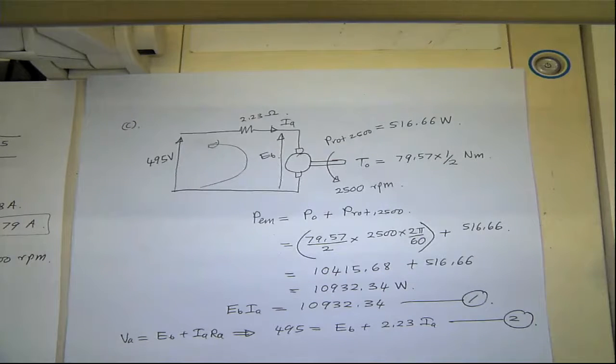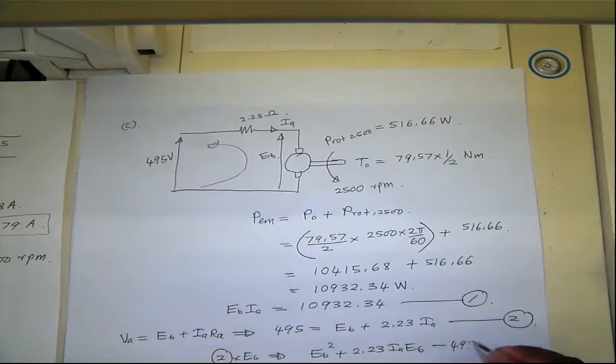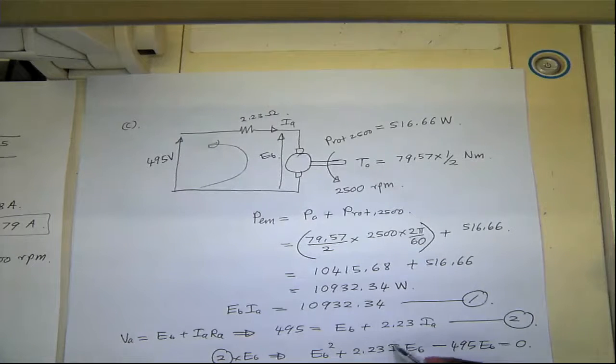If we substitute that, multiplying by EB, we have EB squared plus 2.23 IA EB minus 495 EB equals 0. And then this term turns out to be this value here.